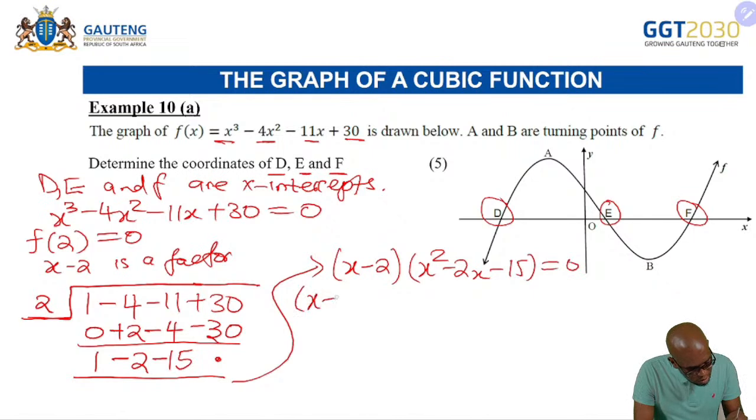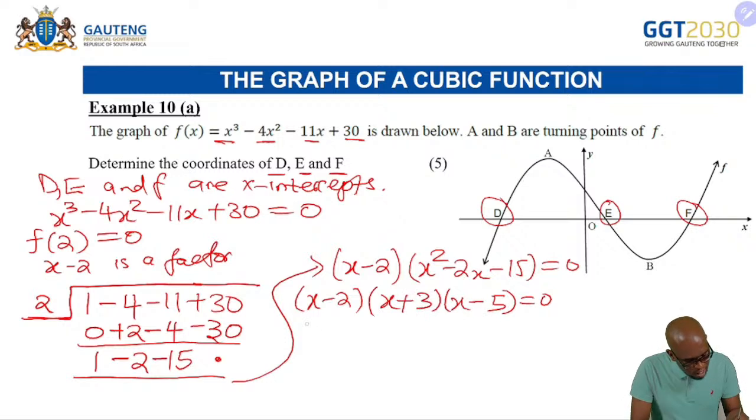So this is (x minus 2)(x ... ) equals 0. It's 15, I can use 5 and 3. The bigger number is negative. Then I have that x equals 2, or x equals minus 3, or x equals 5.